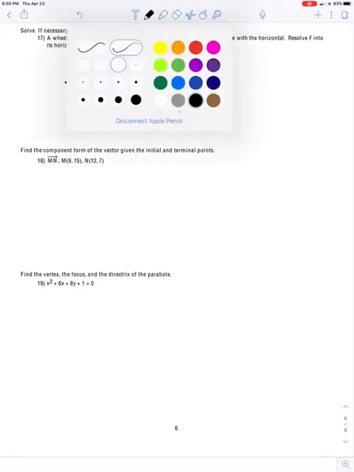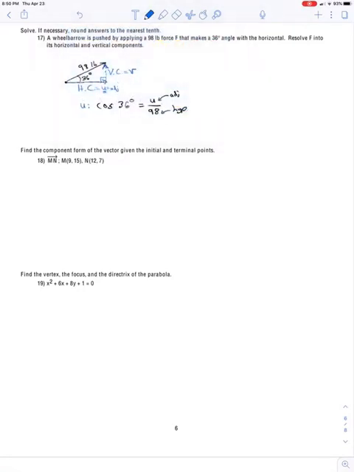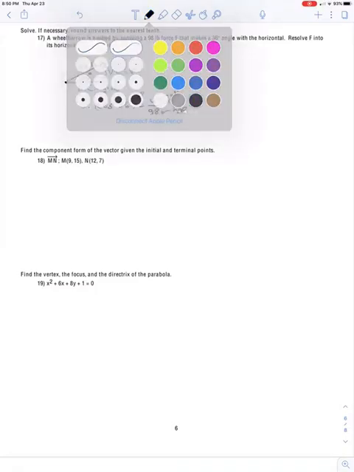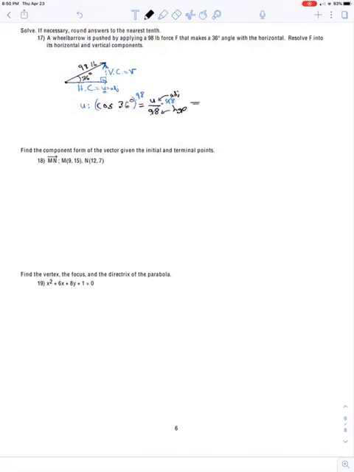As we solve for u, we just have to clear out the coefficient. So we'll multiply both sides by 98, and we end up with u equal to 98 times the cosine of 36 degrees.